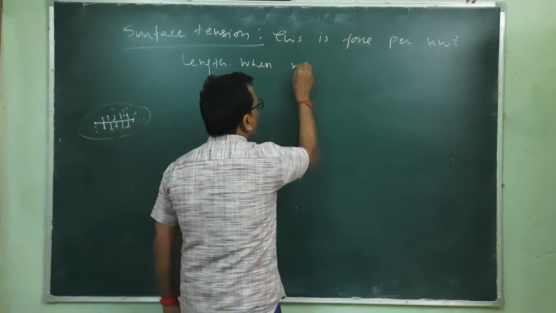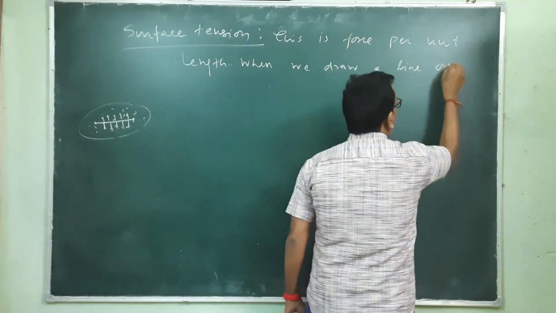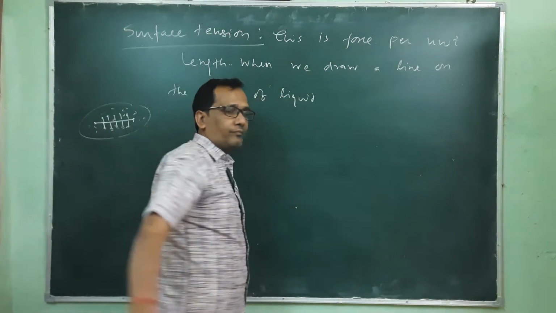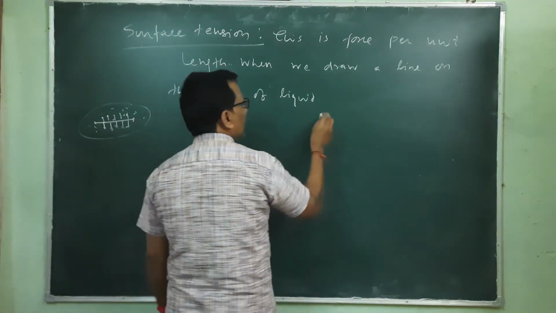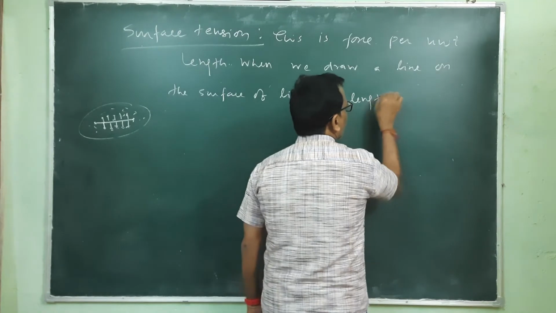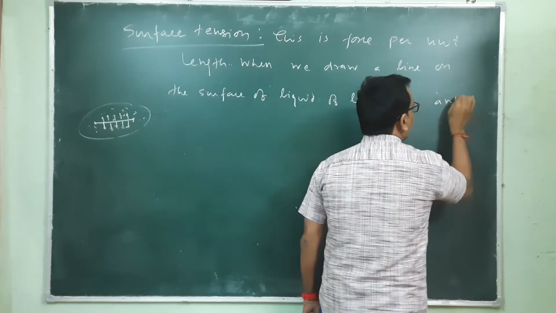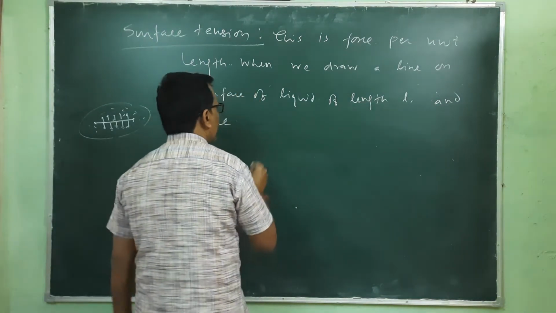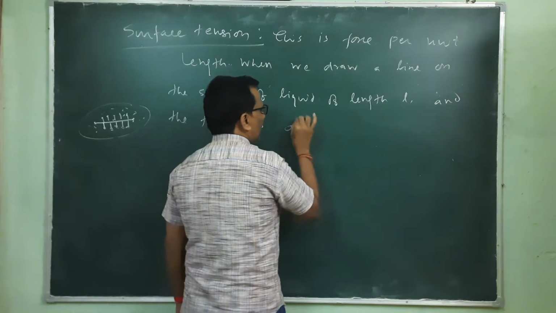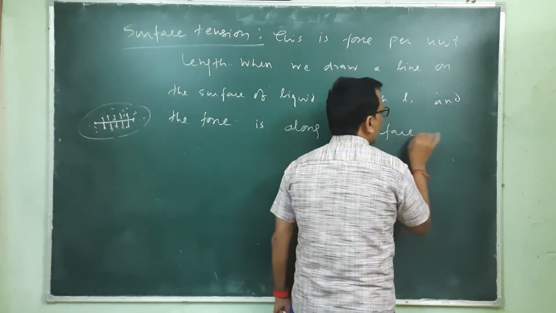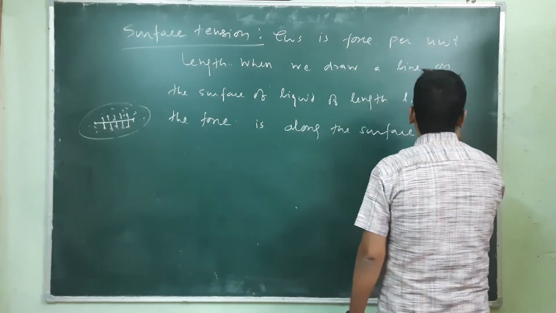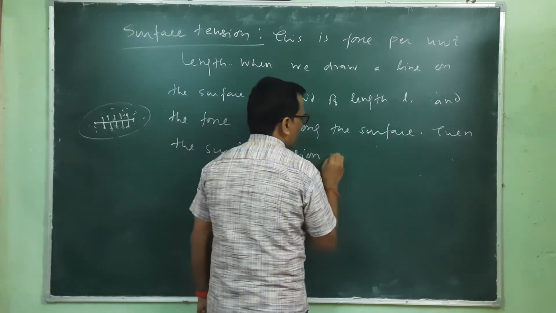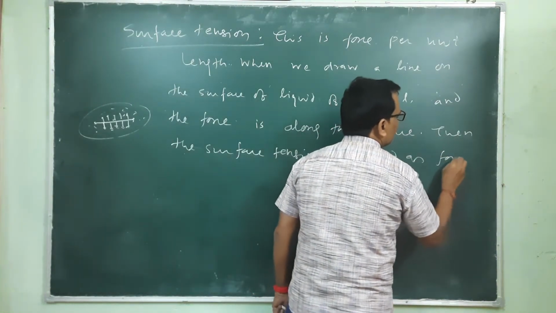So when we draw a line of length L on the surface of a liquid, and the force is along the surface, then the surface tension is defined as force per unit length.